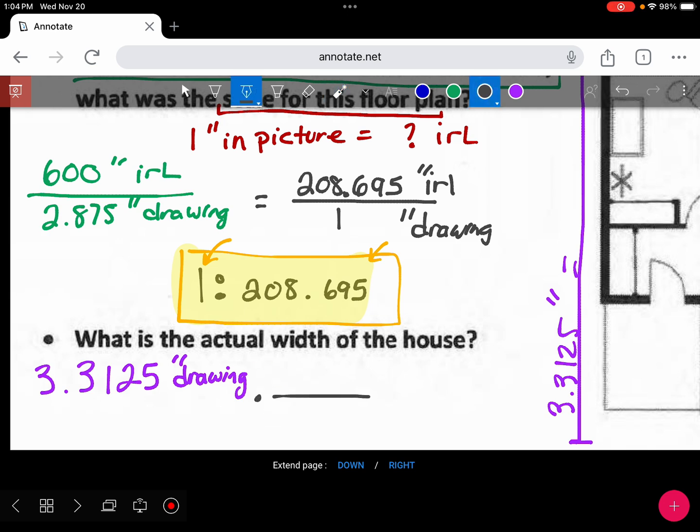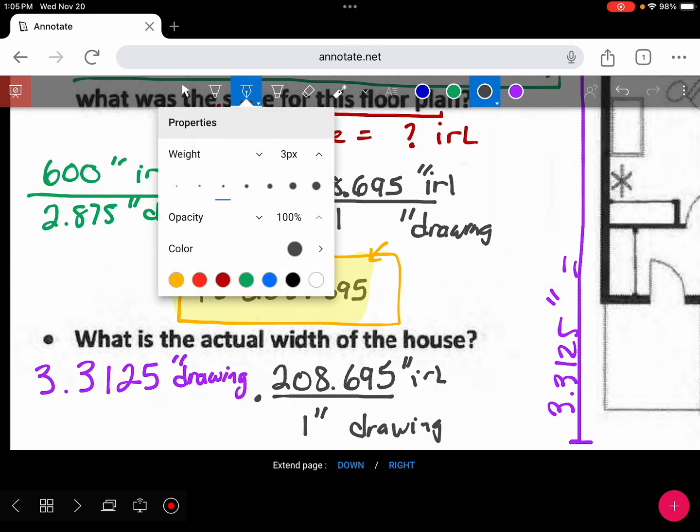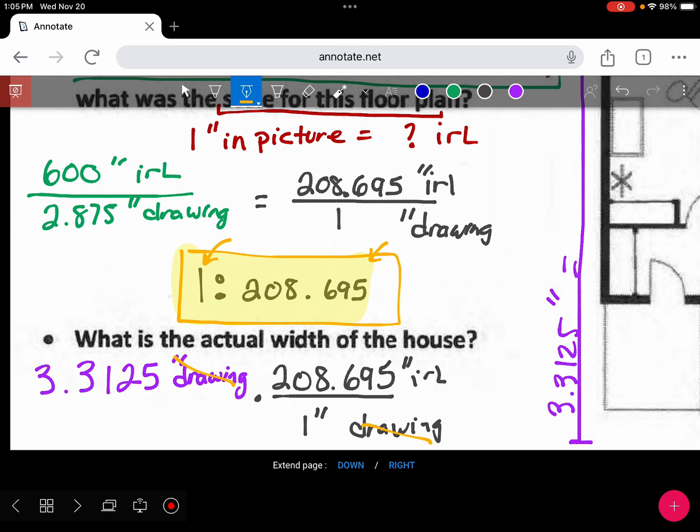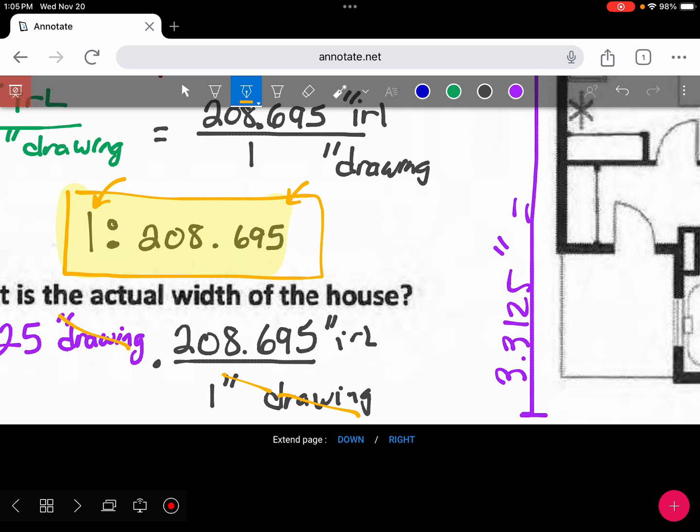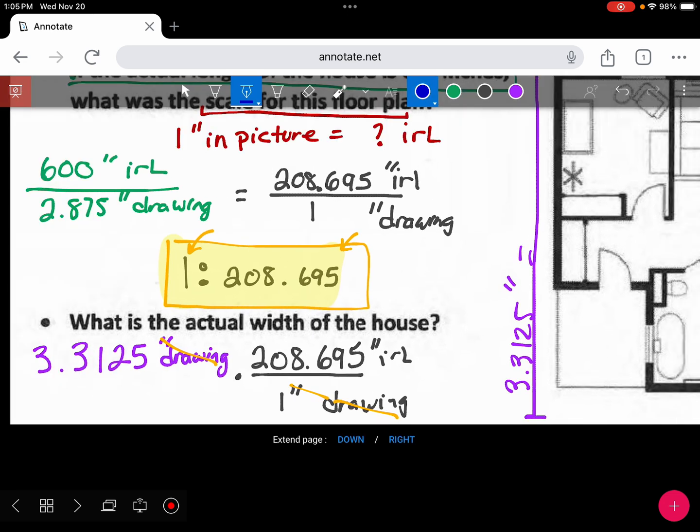So you can do this as a unit conversion, or you can do this just multiplying by the scale. Either way, we're going to have our 208.695 inches in real life to our 1 inch on the drawing. That gets the drawing to cancel out, and we're going to be left with our in real life measurement of what? What is our in real life width of this house? 691.302?